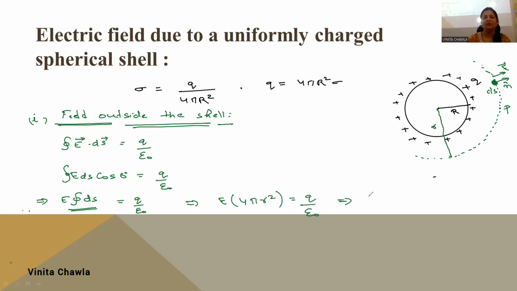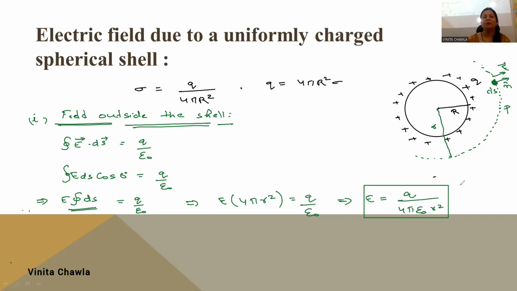So this implies E is equal to q upon, we can write this 4 pi epsilon naught together, and r square. Okay, so this is the electric field intensity outside the spherical shell. Close your expression in the box.